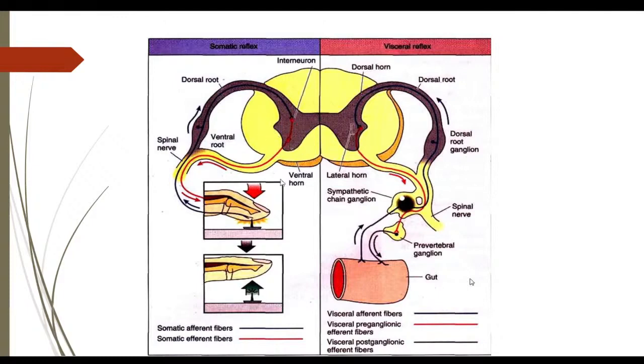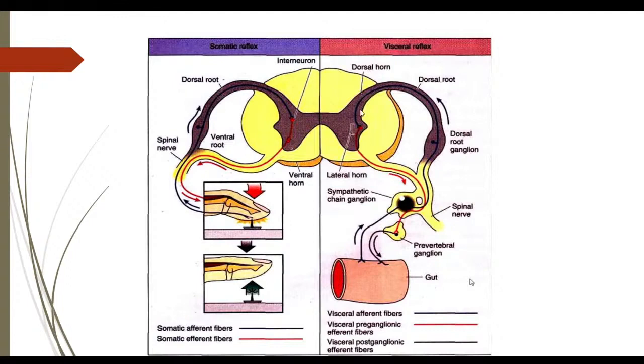Interneurons provide association, analyzing the information, and after that transmit to the motor neurons in the ventral horn. Motor neurons activate the spinal nerve, and the effect is to activate the movement of the finger.